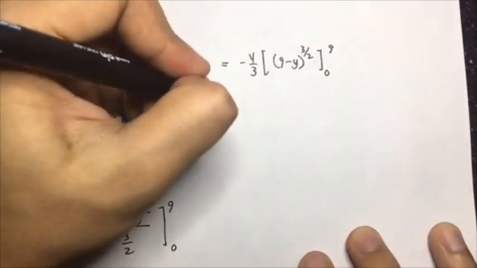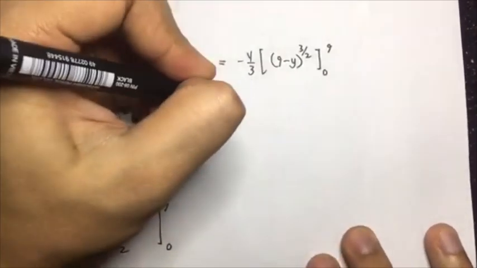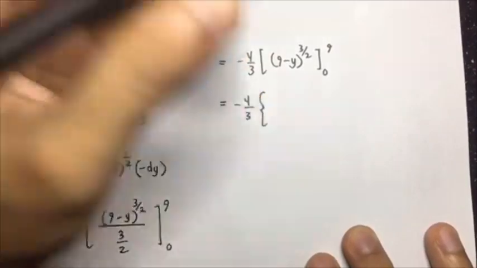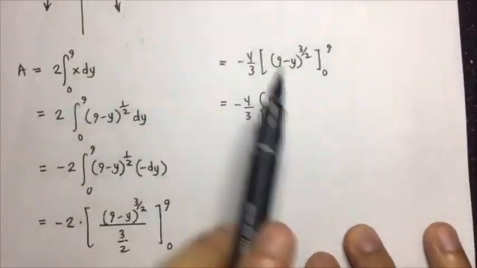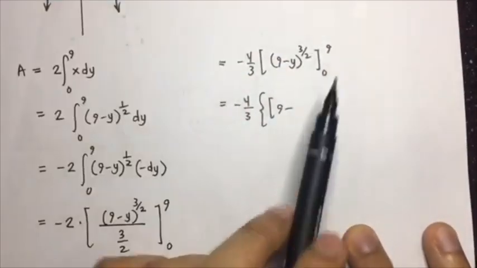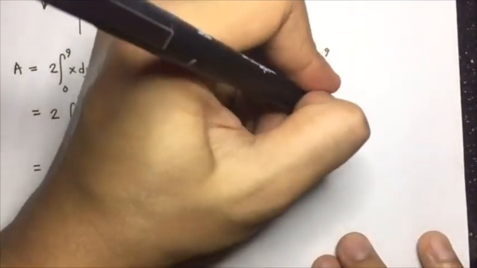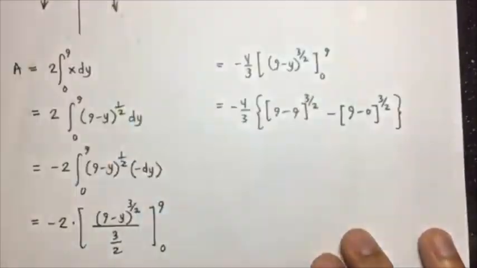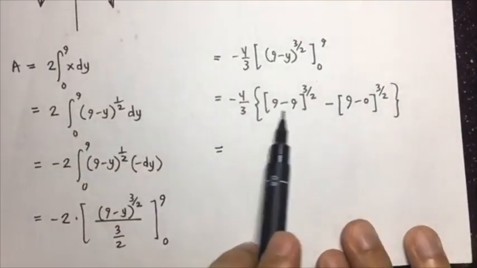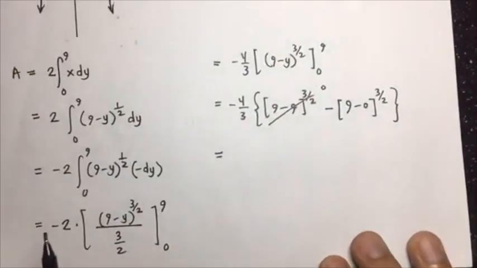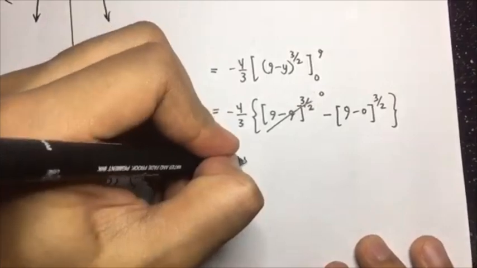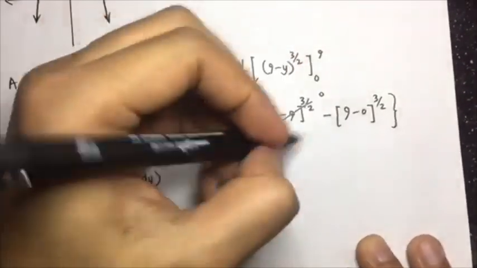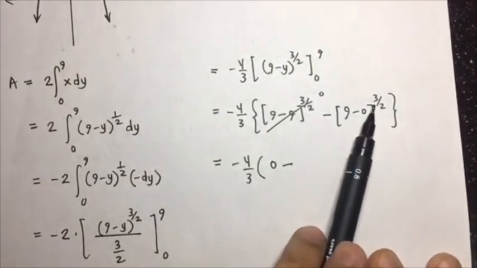Okay, so substituting the limits. For the upper limit, let's take 4 over 3 on the outside, and this will become 9 minus 9 raised to 3 halves, minus 9 minus 0 raised to 3 halves. 9 minus 9 will become 0, and then negative 4 over 3 times 0 minus 9 raised to 3 halves.